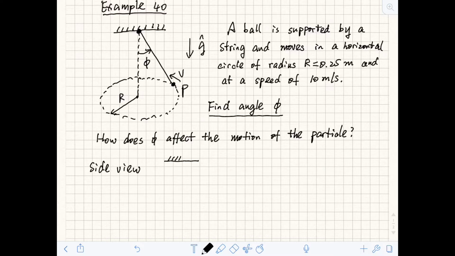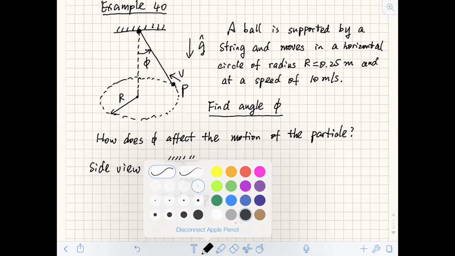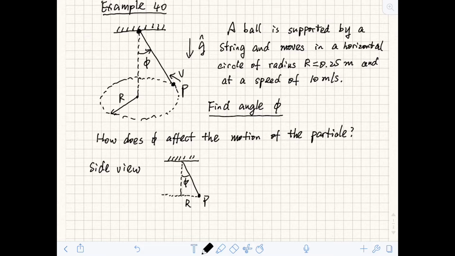This is the wall, and this is the plane that the ball is moving in, so that this represents a circle if we look from the side. So we have the point P here, and the radius R. And we know the gravity force is pointing downwards.